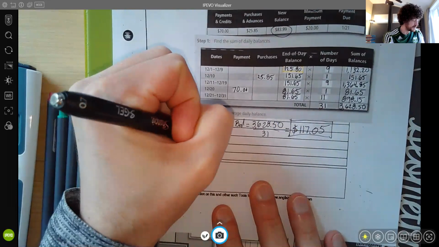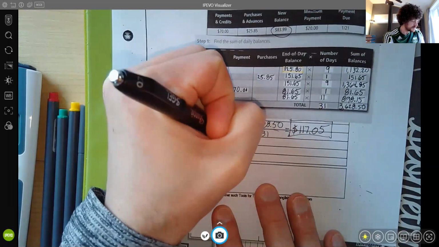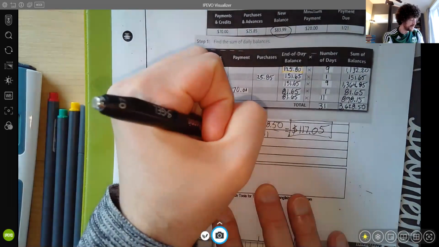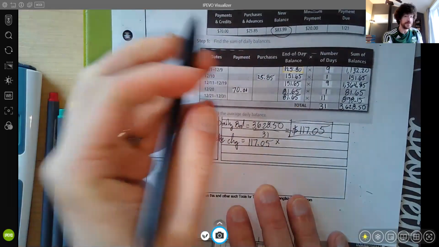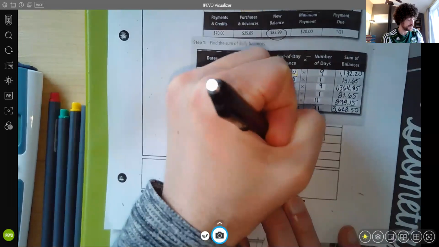So the finance charge is going to equal 117.05 multiplied by the periodic rate of 0.02.